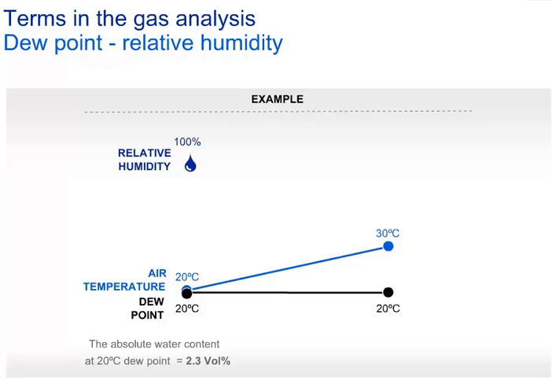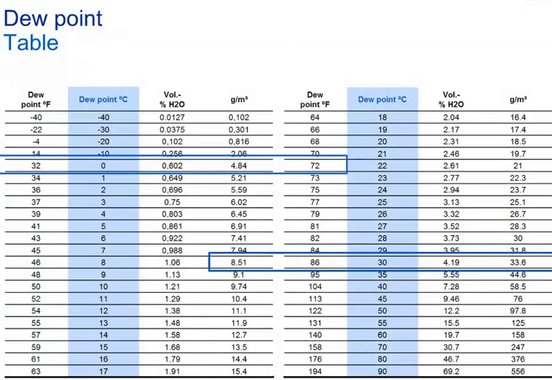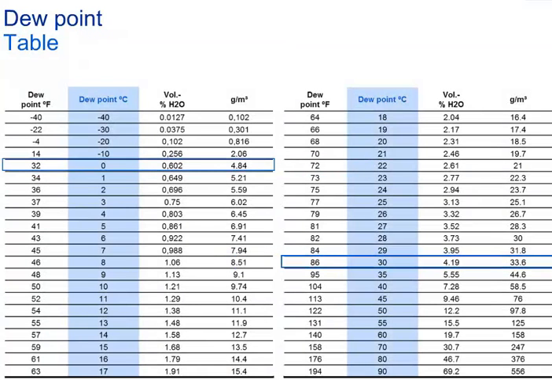When now solely the temperature increases to 30 degrees C, the dew point remains at 20 degrees C. The water content is still 2.3% volume H2O, but relative humidity is only 55% now, because air at 30 degrees C can absorb 4.2% volume H2O to be saturated. In this table, we find the water concentration in volume percent and in grams per cubic meter at 0 degrees C, 1013 hectopascal for the different dew points.